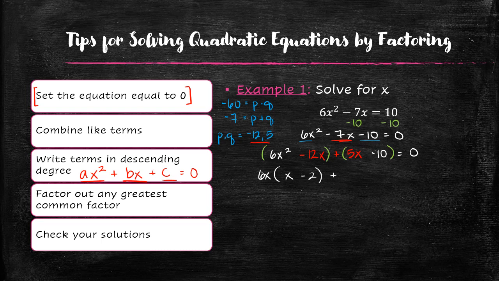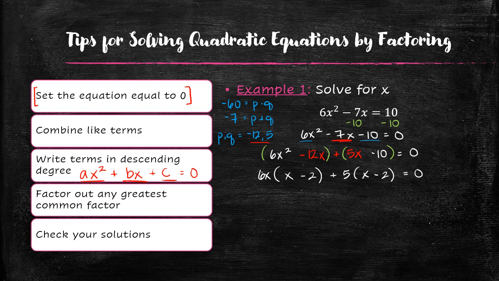All right, let's move on to the next group. The greatest common factor I can see between 5x and negative 10 looks like it's just going to be 5. So we're going to be left with x minus 2 in parentheses again. That's good. We want the parentheses to match up.